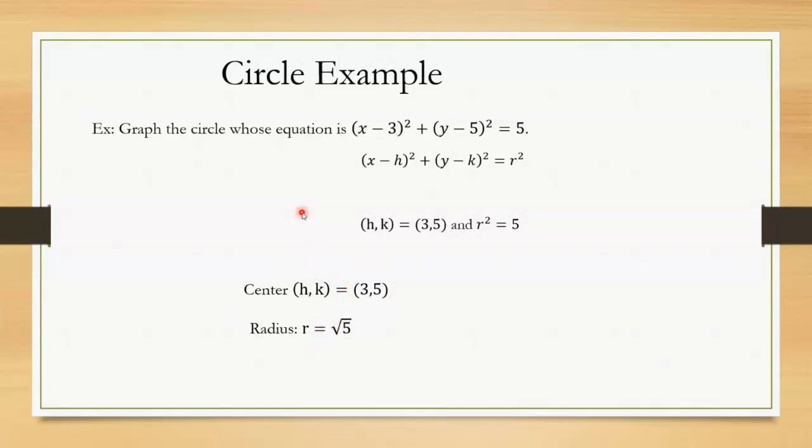And really, this is the hard part. Once you get the center and the radius, really you're home free, because that's really what you need to sketch a circle, the center and the radius.